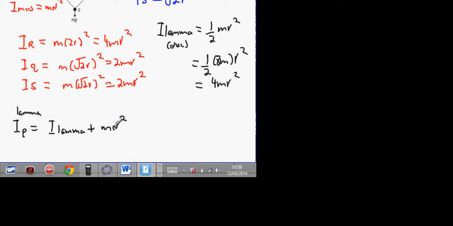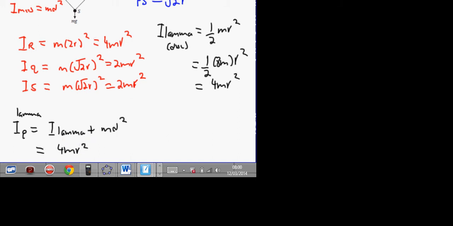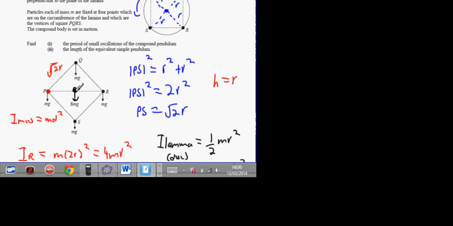So we know that I lamina is 4mr squared, but what we need to know about md squared is it's here. That's the center of gravity of the lamina, and it's a distance r away. So we're going to have to add on another 8m r squared, bringing the grand total to 12m r squared.